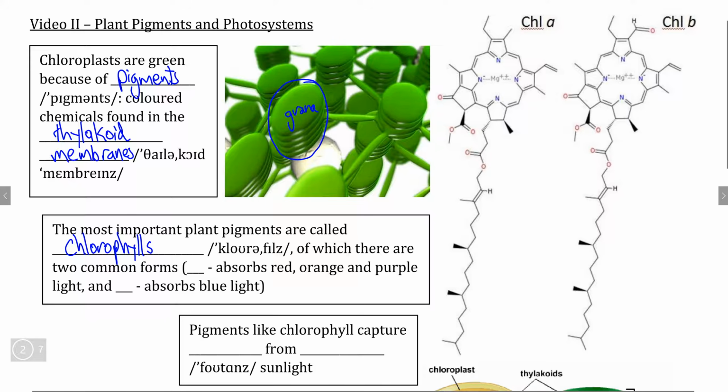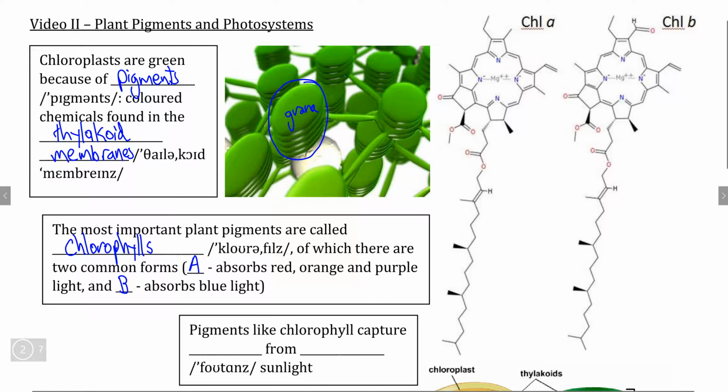Now, the reason why plants actually make two varieties of chlorophyll, at least, it's actually a very large family of pigments, is that each of them, what we call chlorophyll A and B, are specialized for absorbing different wavelengths of light depending on the variances in their chemical structure.